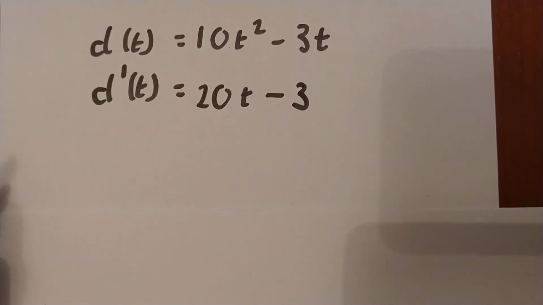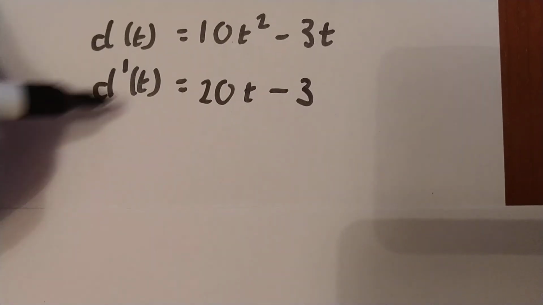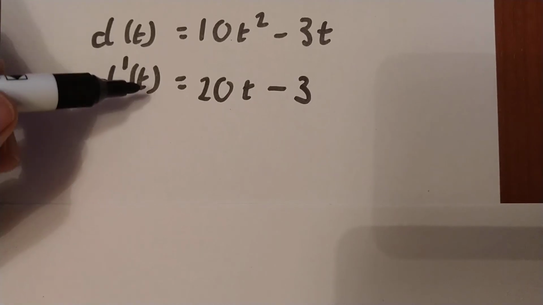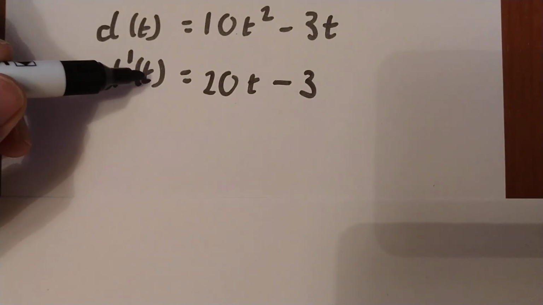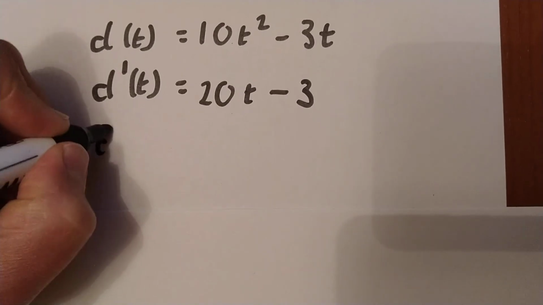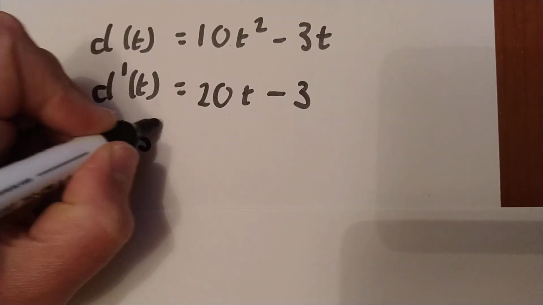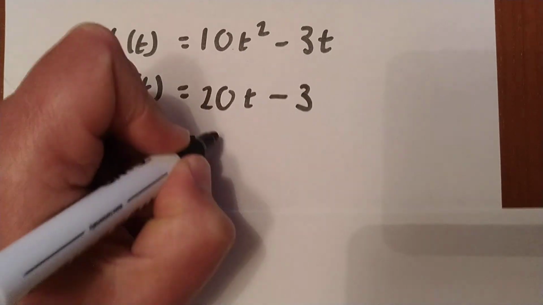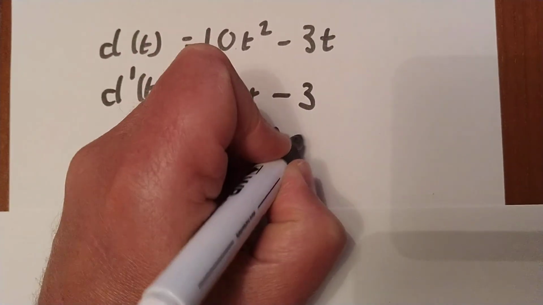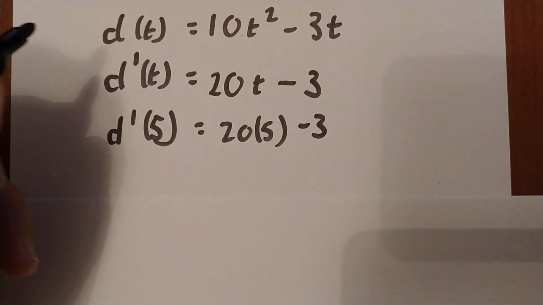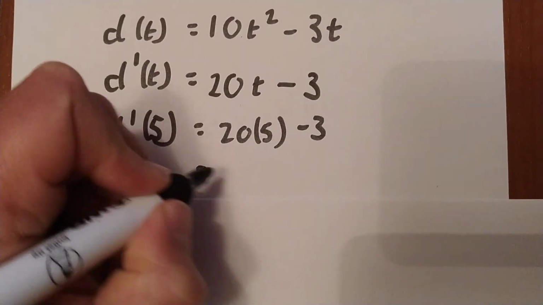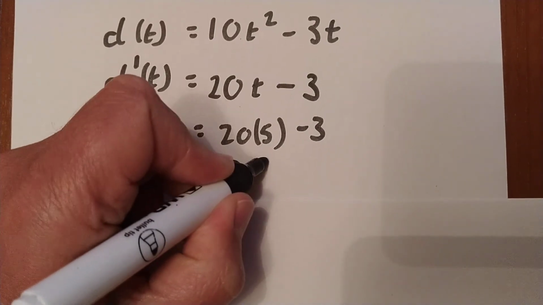The question says, what is the speed, which is my d dash t, my rate of change after 5 seconds? So if we use t for time, I'm going to substitute 5 in there. d dashed 5 will be 20 lots of 5, take away 3. 20 times 5 is 100, take away 3, 97.